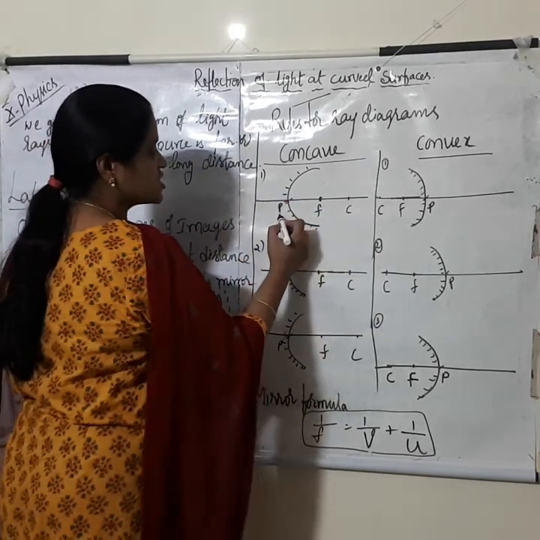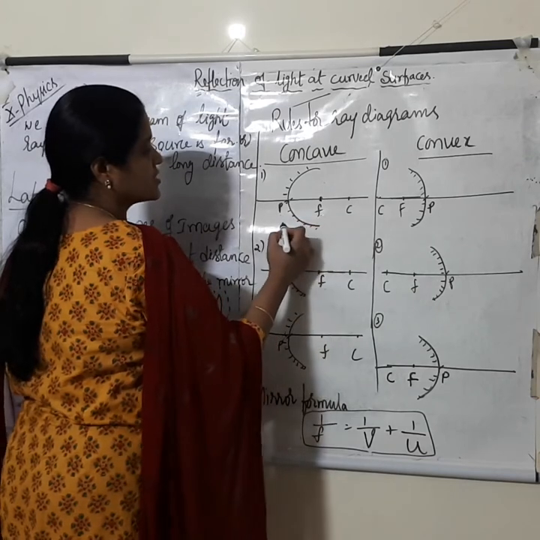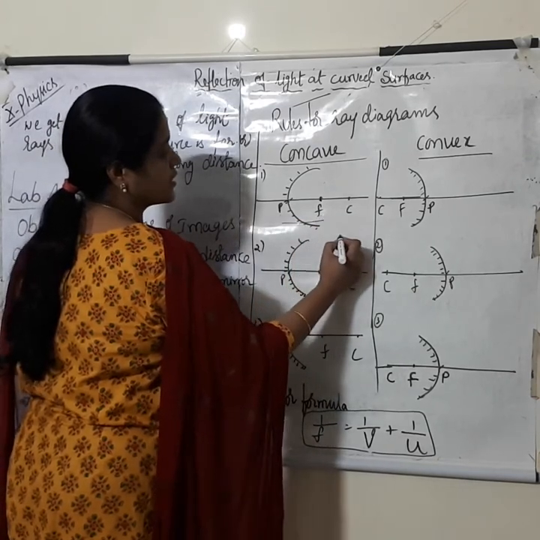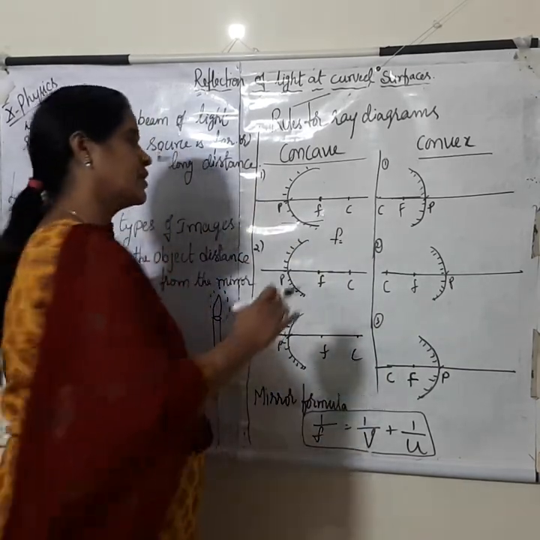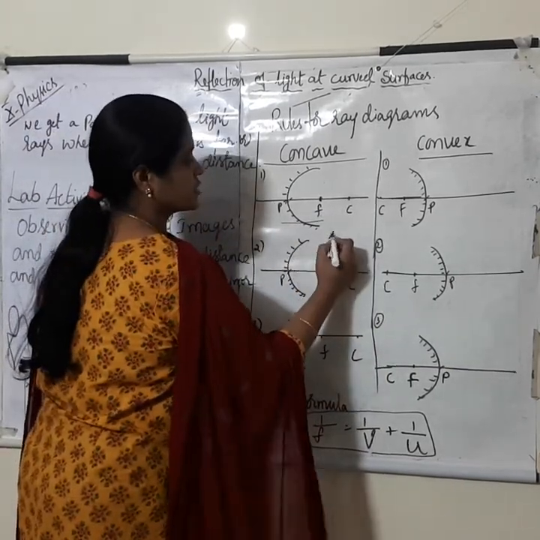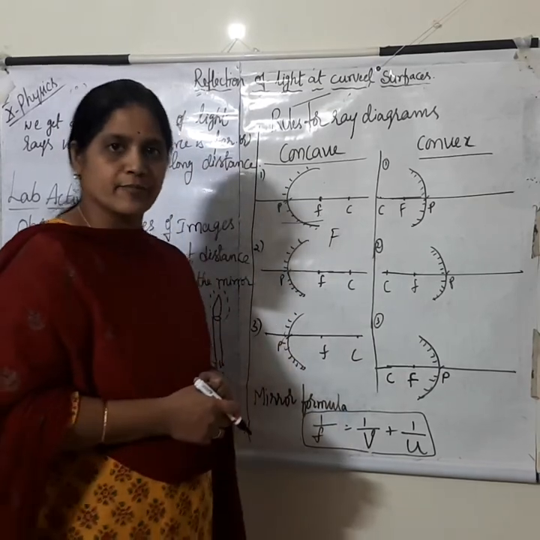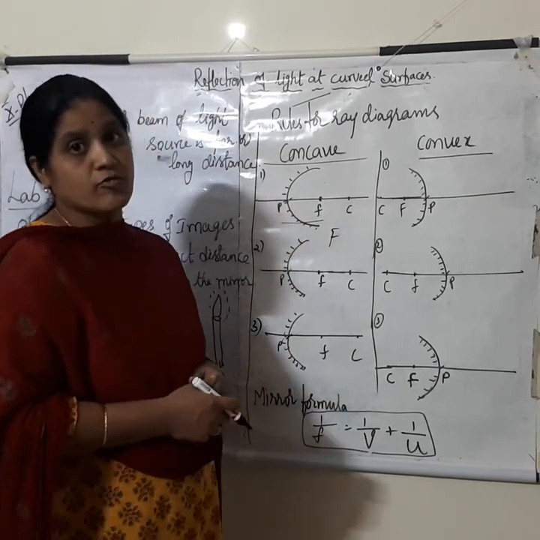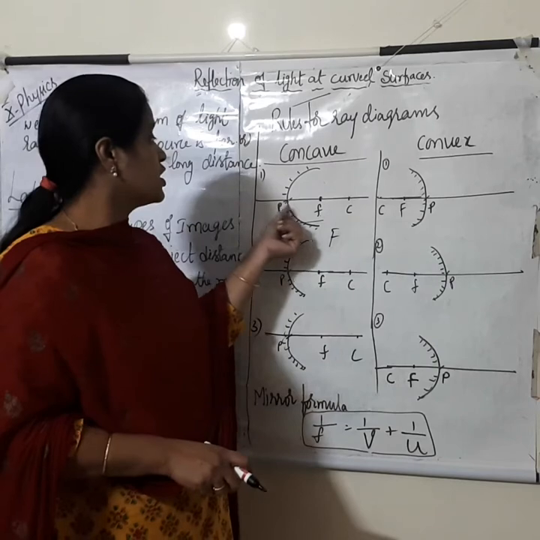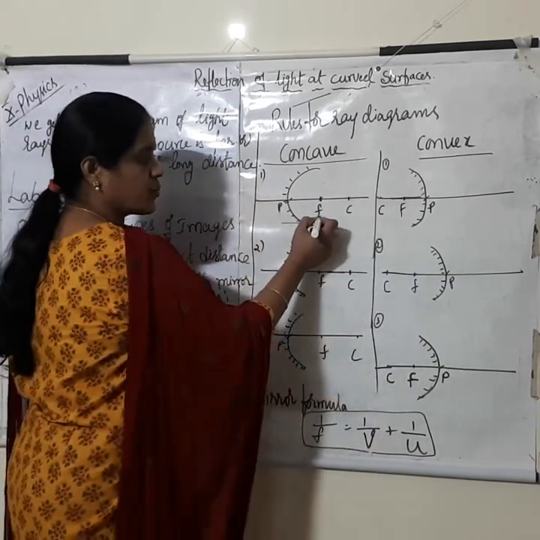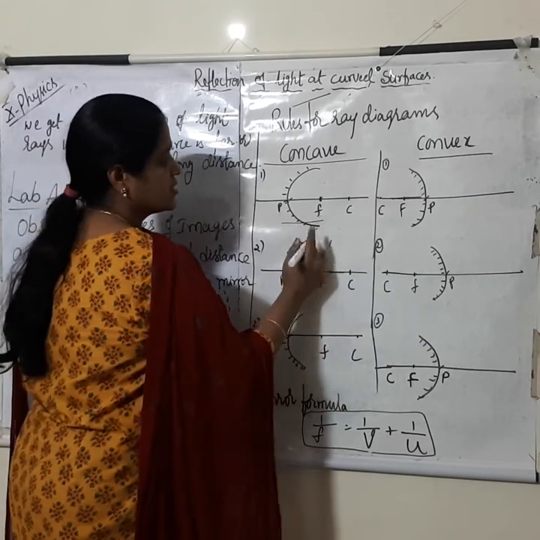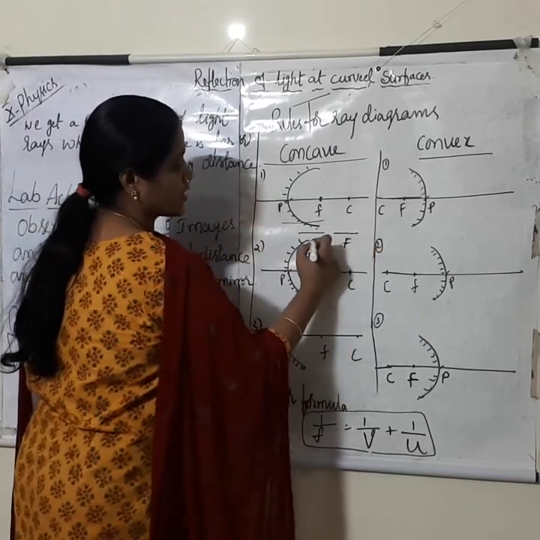The distance between the pole and the focus is represented by the capital letter F, and we call it the focal length. The distance between P and F is known as the focal length. If this is the midpoint, then this distance is also F.